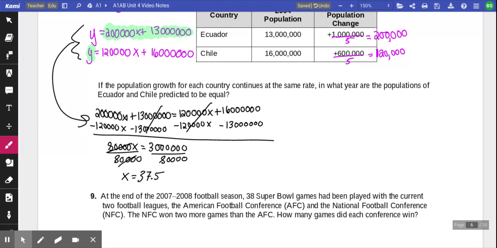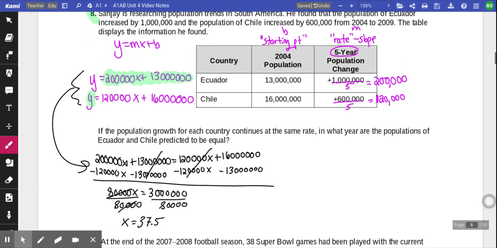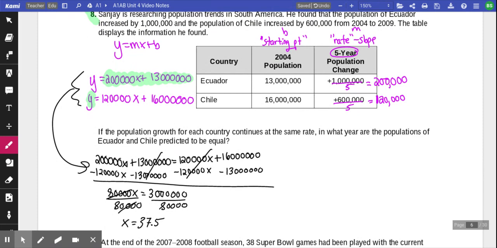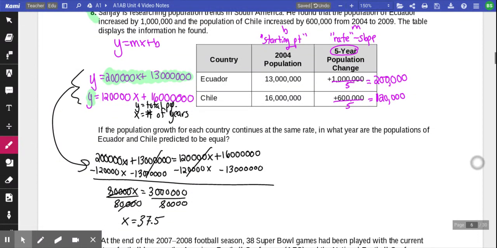So you need to recognize what x represents because we put x and y in here. X is going to be equal to the number of years. And y is our total population. And we don't really need to solve anything for y. It just says in what year will the populations be equal to one another. So we said it's going to take 37.5 years for the populations to be equal to one another.